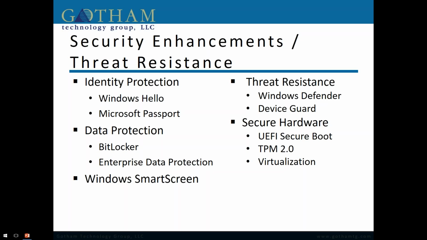So when we go to the next category here, threat resistance, perhaps the most important change here is what's known as Device Guard, and that also maps back to Andy's comment on application whitelisting, where, again, another paradigm shift. In the past, when you executed an application on a desktop, it was inherently trusted.